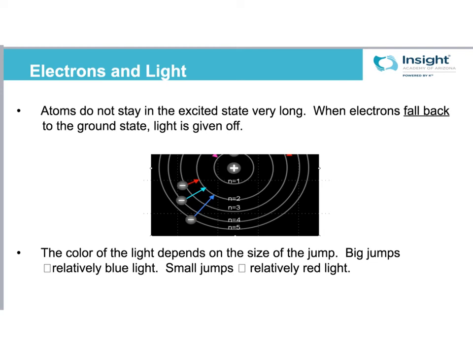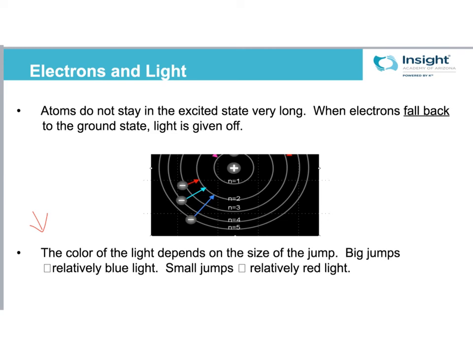So the color of light, this is just a little tidbit of detail. This isn't something that you're going to be tested on, but the color of light actually lets you know how big the jump was. Red light is kind of low energy light. So if red light is given off, then it was a small jump, maybe from level 1 to level 2.